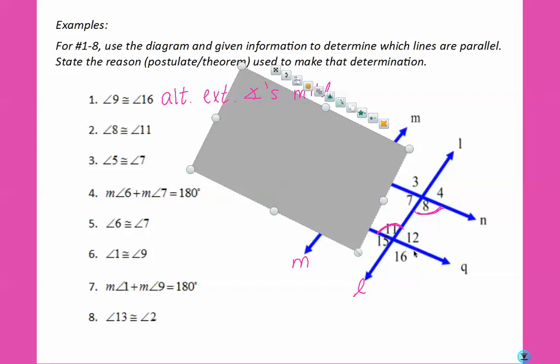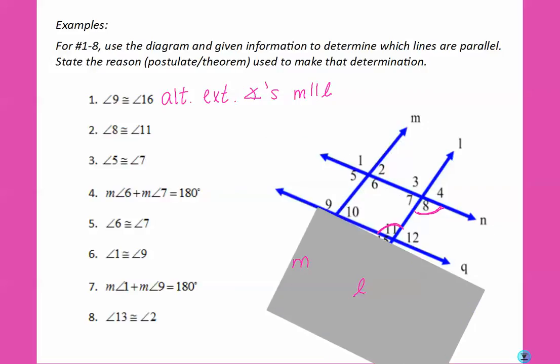Angle 8 and angle 11 are alternate interior angles. And our converse said if those are congruent, then our lines are parallel, and the lines that would be parallel are N and Q. So they are alternate interior angles that prove that N is parallel to Q.